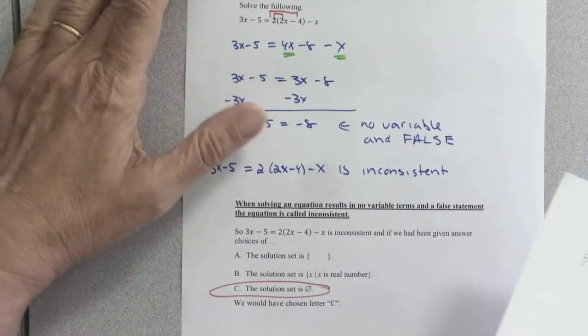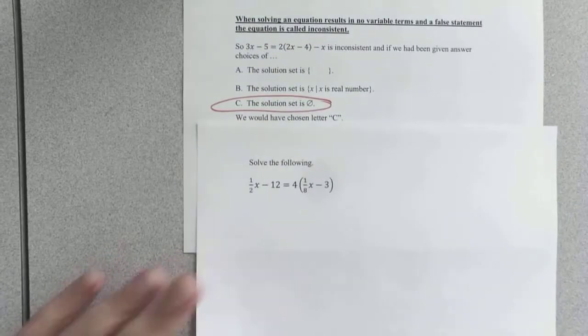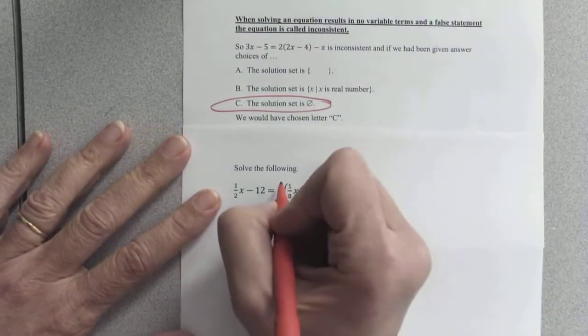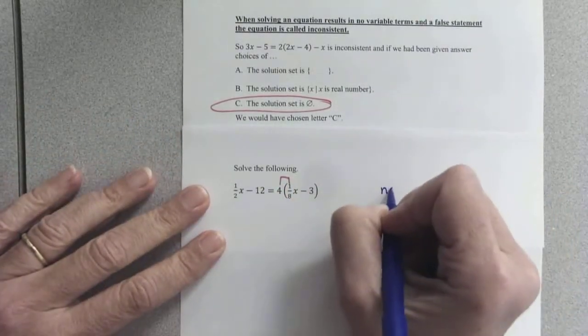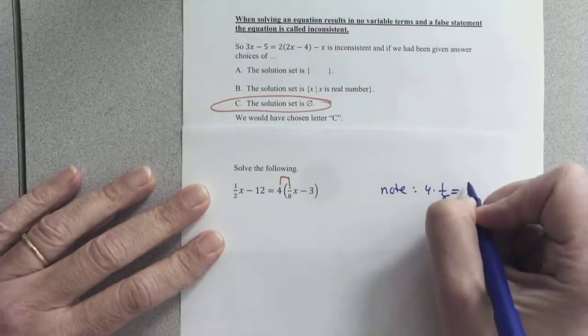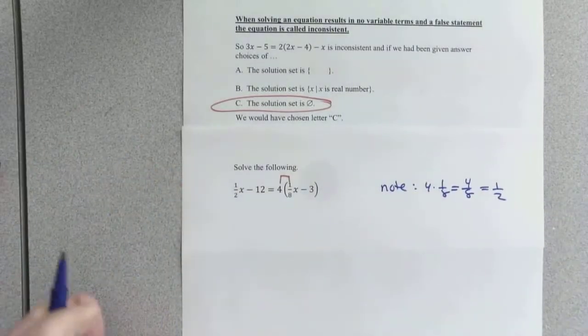Okay, let's look at another problem. Solve the following. So I'm going to clear my parentheses first. And let's go off to the side here. 4 times 1/8 is 4/8, which is 1/2.